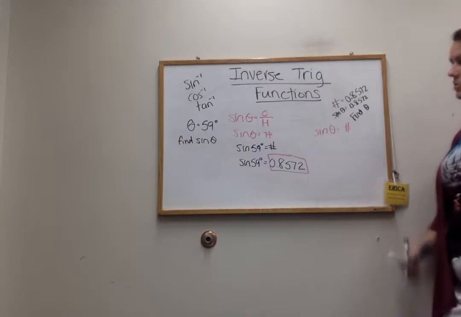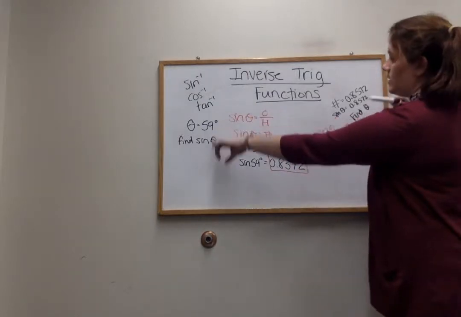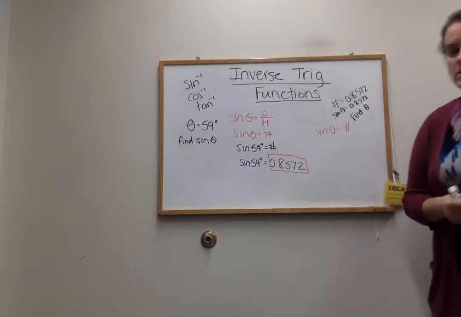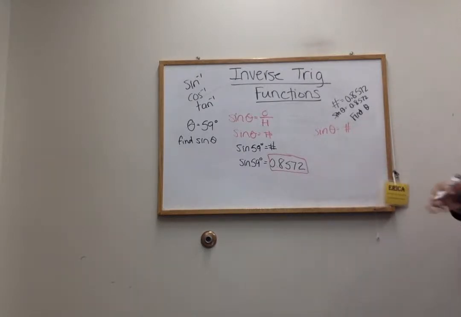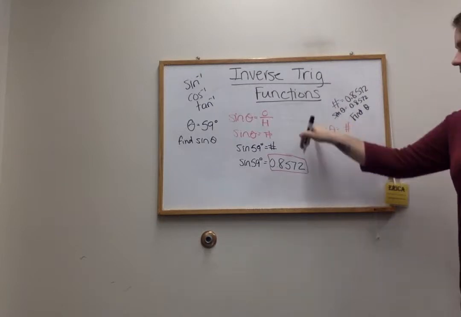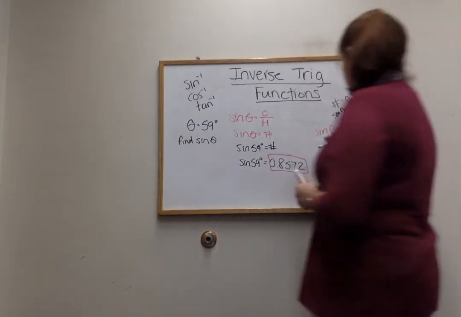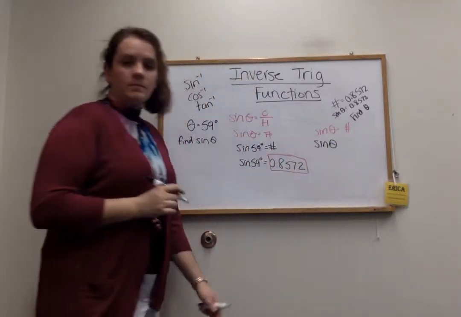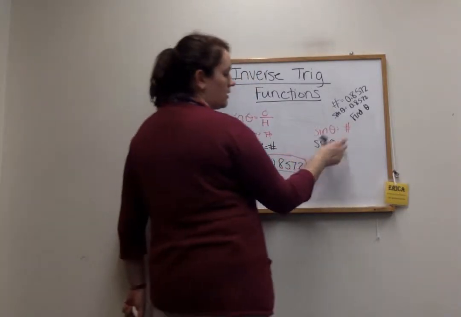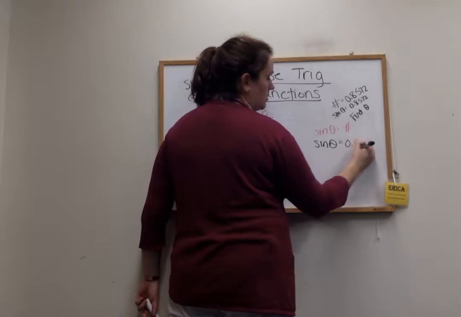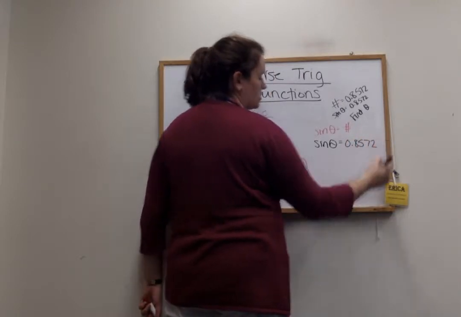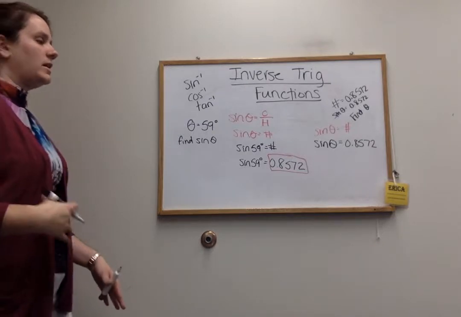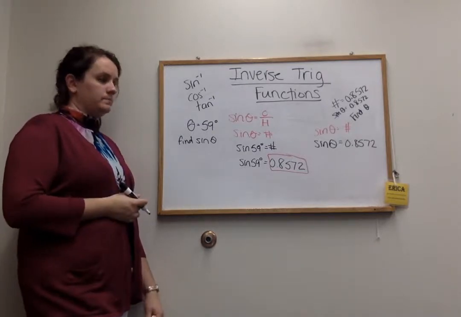Okay, so the fact that we're doing the opposite of what we did for the last problem should hint to you that we need to use an inverse. So let's take our template here and plug in what we know. We don't know theta, that's what we're looking for, but we know that the sine of theta is equal to 0.8572. Okay, now we need to find theta.